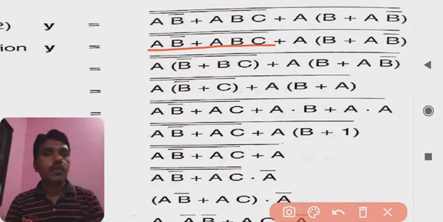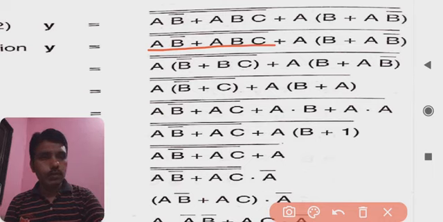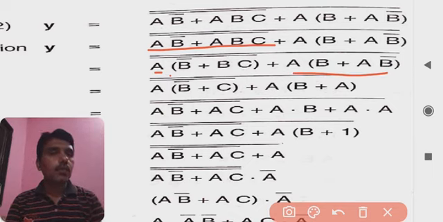AB complement or ABC total complement of that. Here A is taken as common, and that's why the remaining part is B or B complement or BC. Again the remaining part is as it is, A and B or AB complement.